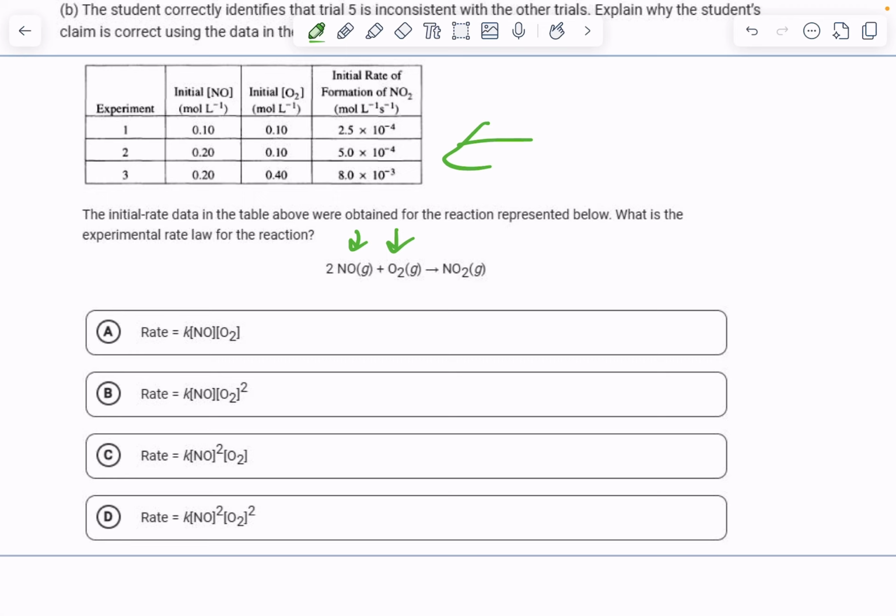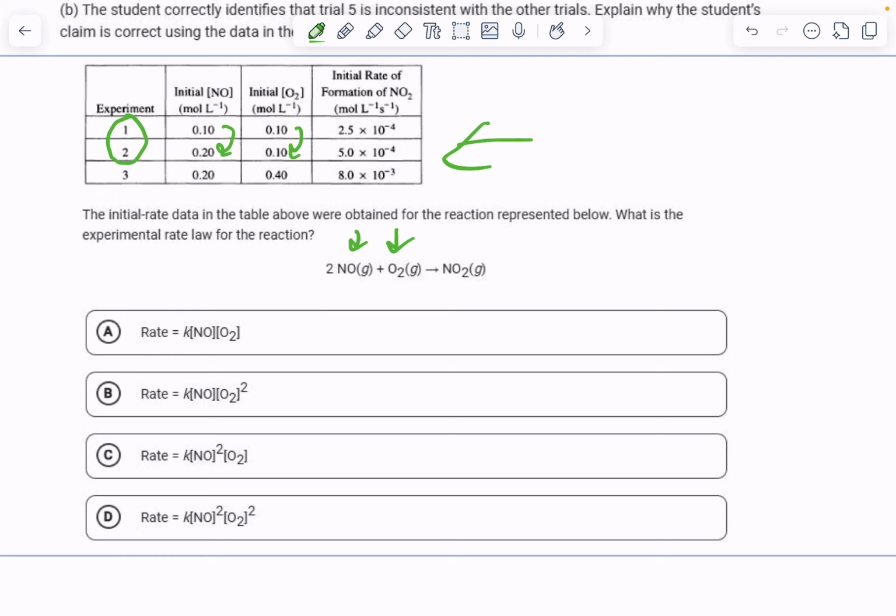Okay, the way you do that is first you got to look at your data. You got to find 2 experiments or 2 trials where one of the reactants will change while the other reactant stays the same. So looking at experiments 1 and 2, the concentration of NO doubles, but the concentration of O2 stays exactly the same. So this is perfect data we can use to figure out the change in NO, or nitric oxide, my bad.